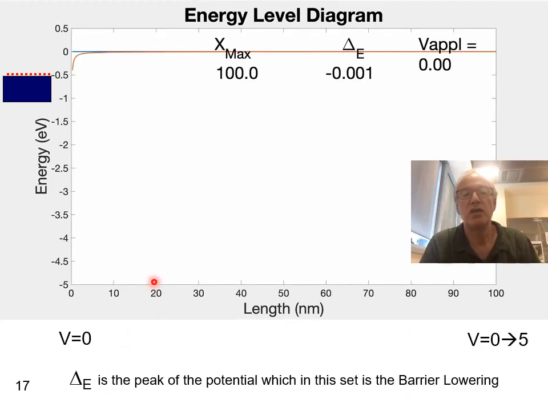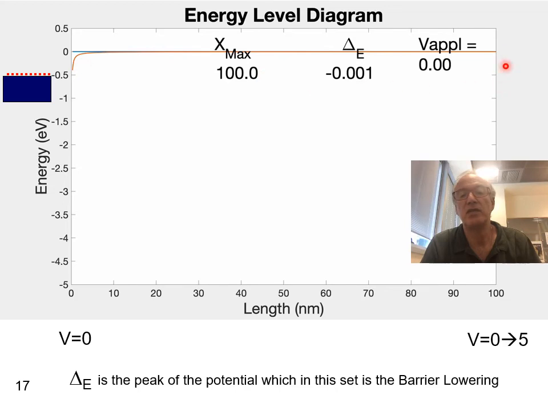Next, what we'll do is we'll add the image potential, and you see that the overall potential now is in red here. The blue is reminiscent of what we had before, just as a reference. And what we will follow is the maximum potential, which is the point where we will reach the maximum.